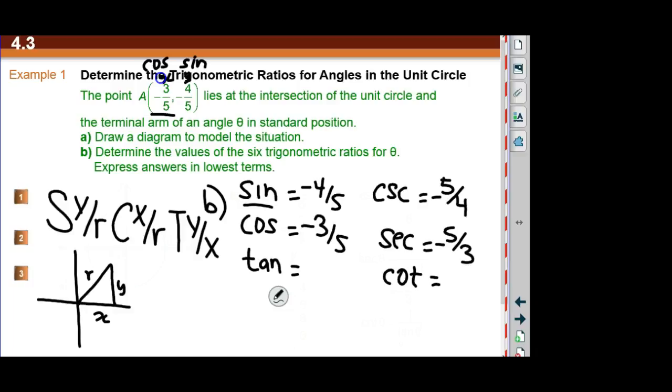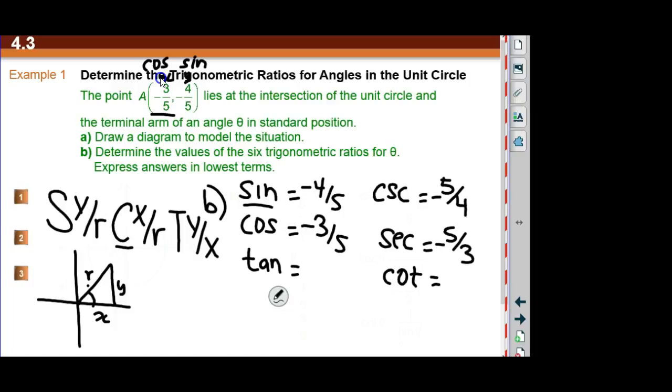So it's still SOHCAHTOA, it's just using x, y's, and r's instead of opposites, adjacents, and hypotenuse. So sine is opposite over hypotenuse, which is y over r. That's where the SIR part comes from. And cos is adjacent over hypotenuse, which is x over r. And tan is opposite over adjacent, which is y over x.